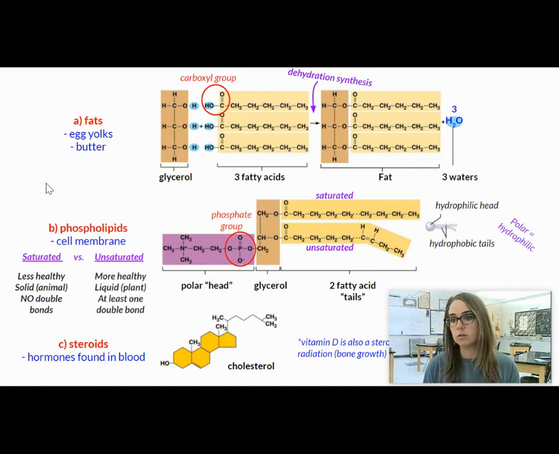Unsaturated fats are considered the healthier option, and they're all plant-based and liquid at room temperature. So think of all the oils: vegetable oil, olive oil, avocado oil, coconut oil. Those are all healthier, and they all come from plant products. They have at least one double bond, if not more.